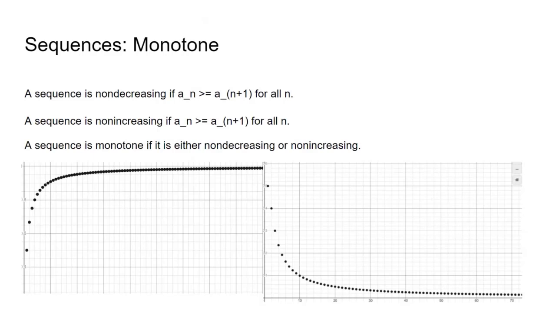So a sequence that is either non-decreasing or non-increasing. Guys, this should be less than or equal to. But yes, if we have a sequence that either is always going up or always going down, then it's monotone.